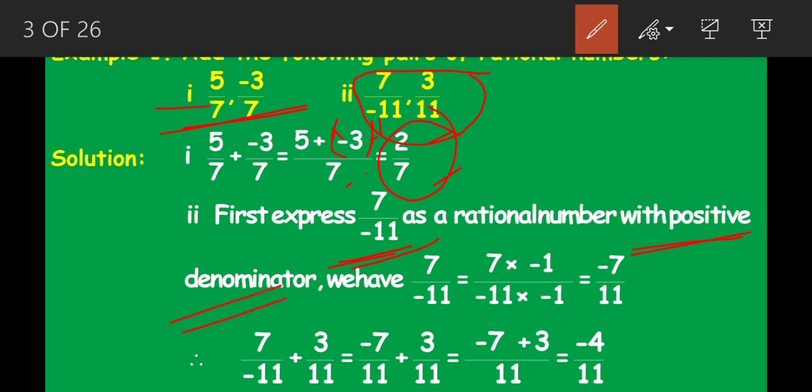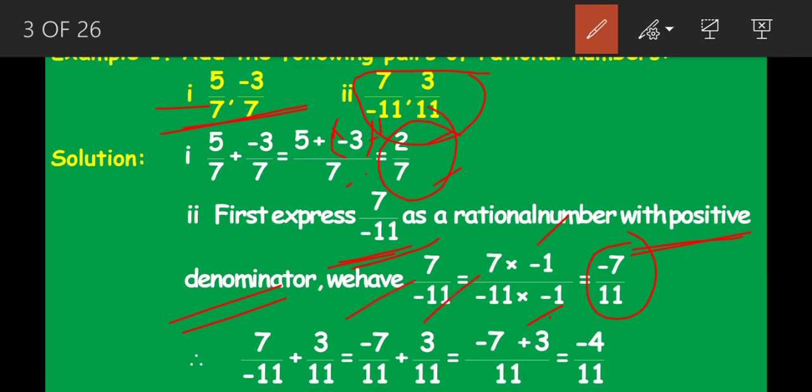We can multiply both numerator and denominator with minus 1, then without changing the value, it will become minus 7 by 11.